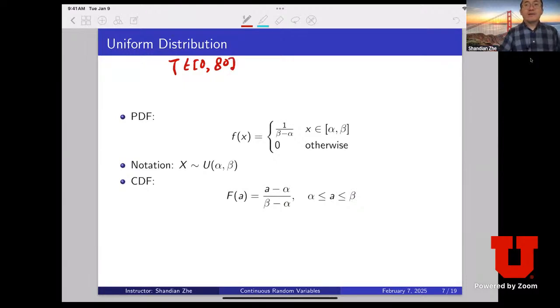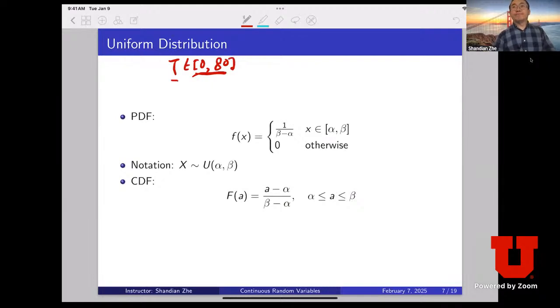If we assume that this late arrival time has equal chance to be any element in this range, that means seeing the last person arrive at 3 minutes has equal chance as seeing the last person arrive at 10.5 minutes, and so on, then we say T follows the uniform distribution.